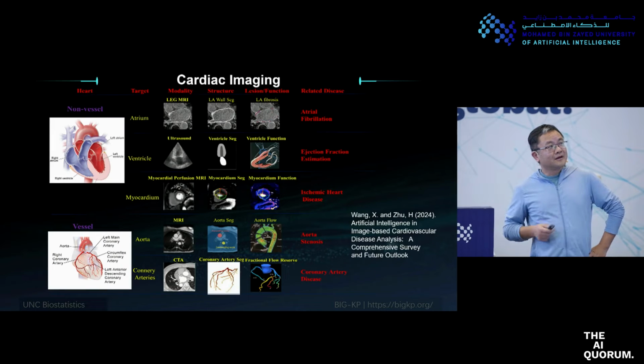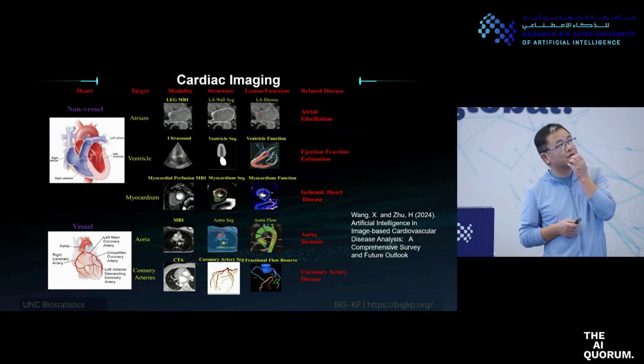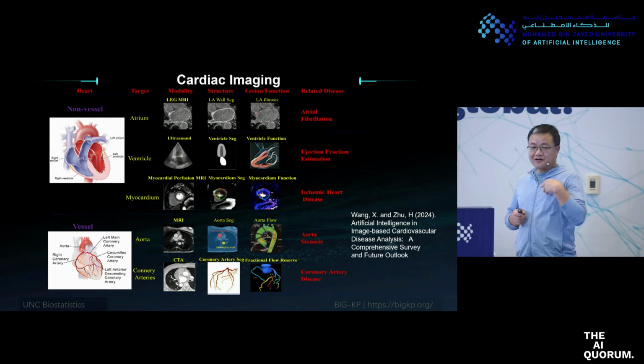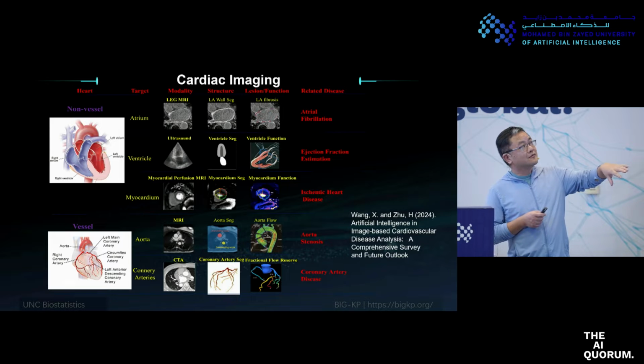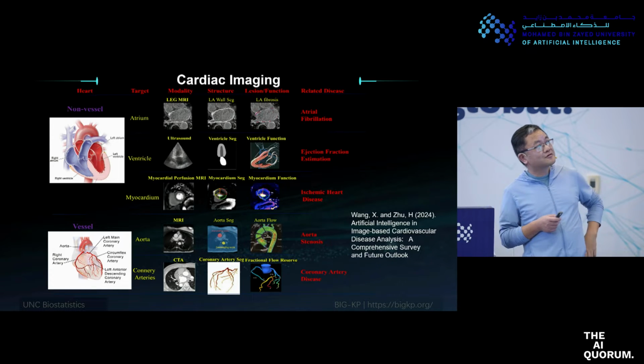I started with concrete examples, based on one of my joint papers with Xin Wang on cardiac imaging. This is the heart. Essentially, it consists of 2 parts: the lung vessel anatomical structures and the vessel anatomical structures.